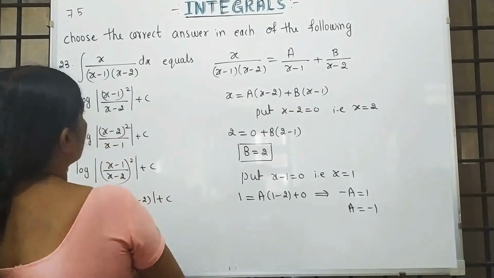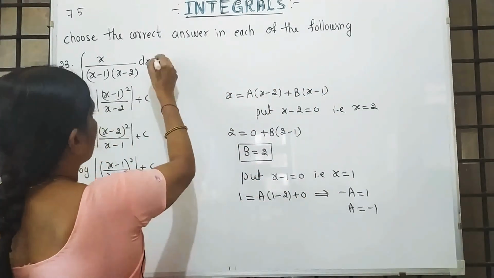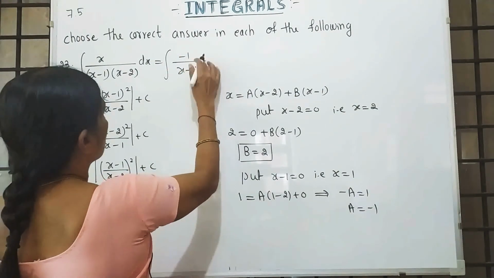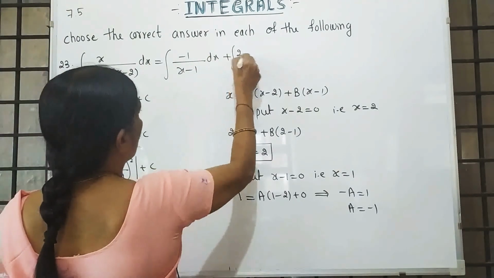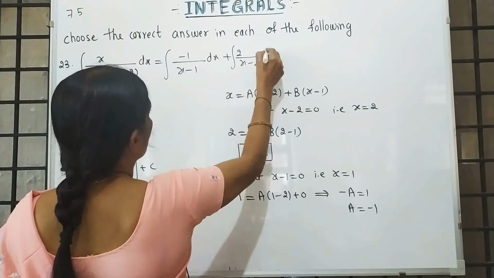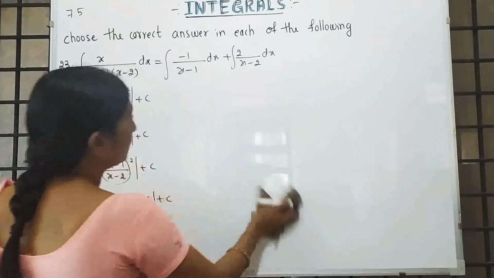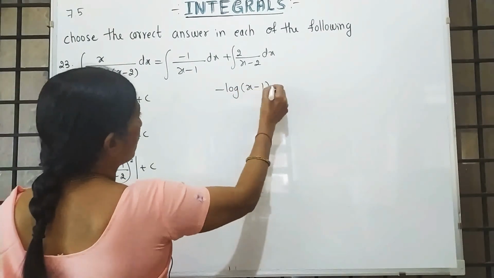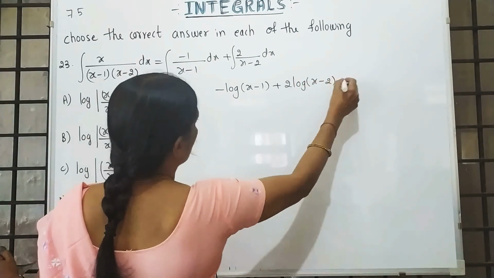Then how do you write this integration? This integration will be written as minus 1 upon x minus 1 into dx plus 2 upon x minus 2 into dx. Now integrate that. It is minus log of x minus 1 plus 2 into log of x minus 2 plus c. But the answer is not in this form.